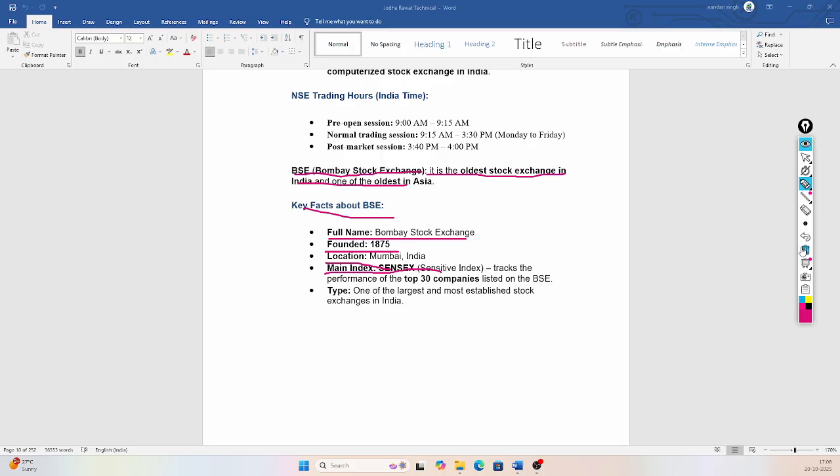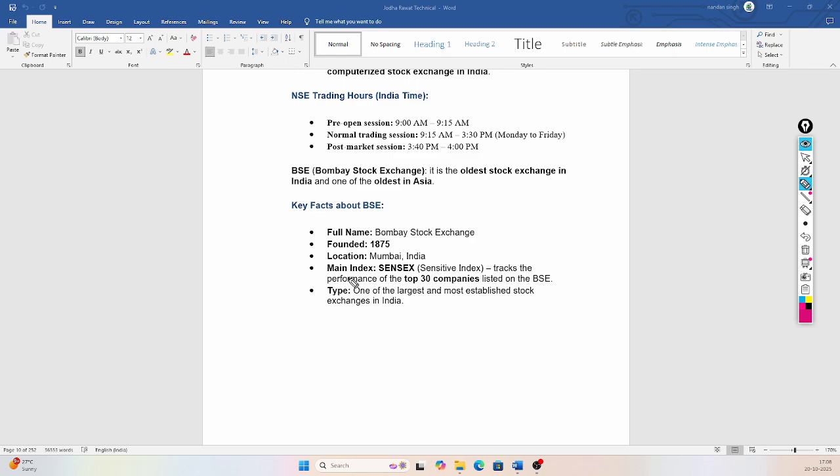Now we have all heard this word Sensex, and in the news they say Sensex has been bullish, Sensex has been bearish. Its full name is Sensitive Index. It tracks the performance of the top 30 companies listed on the BSE.